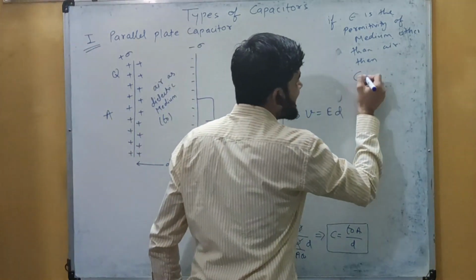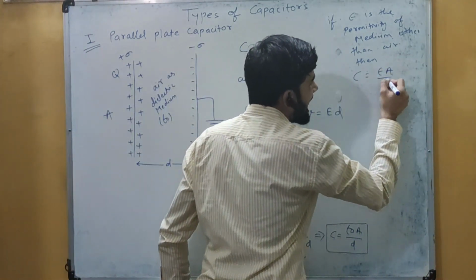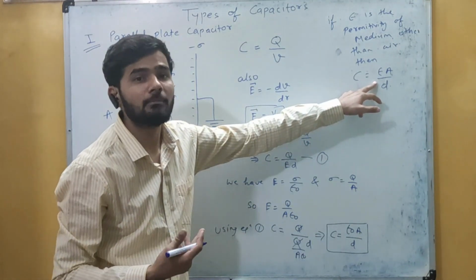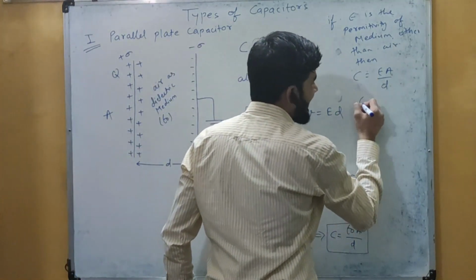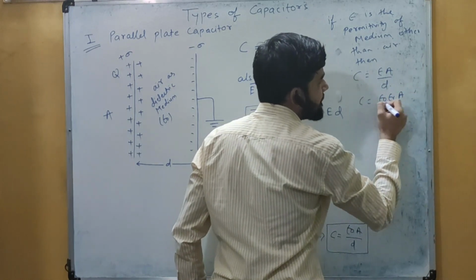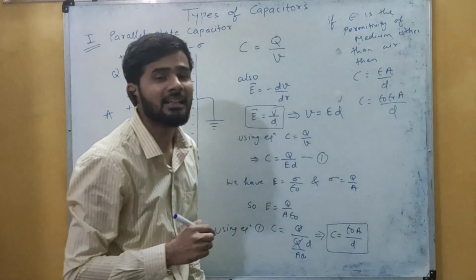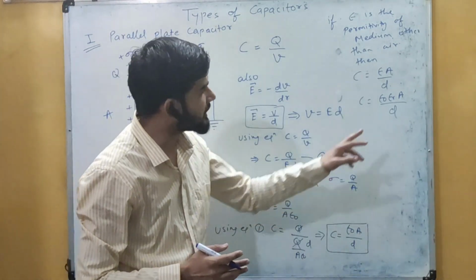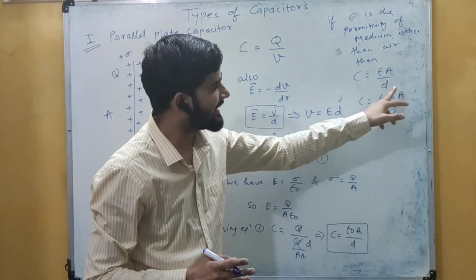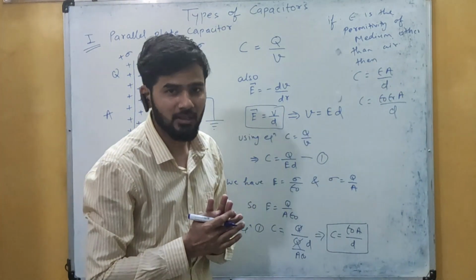I can write C is equals to epsilon A by D, because at the place of epsilon naught I will write this medium epsilon. Now this epsilon, I can write is equals to epsilon naught times epsilon R, A by D, where the epsilon R is the relative permittivity. We have relation between the permittivity of the medium, permittivity of the free space, and the relative permittivity.